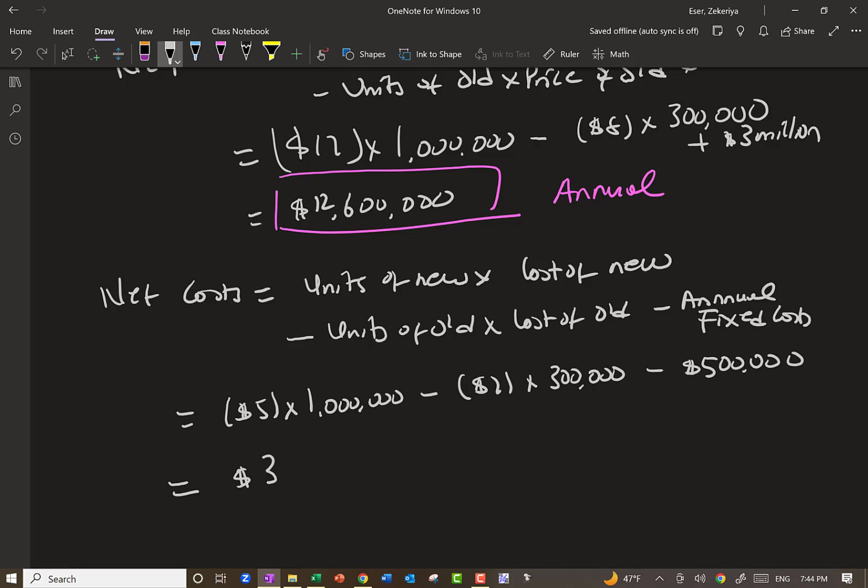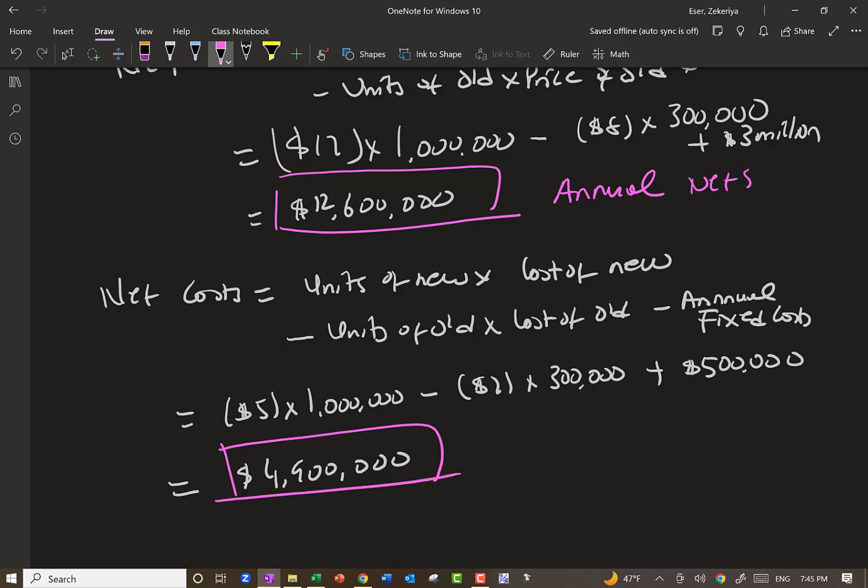So that's, I'm sorry, that should be a plus. What am I doing? 5 million minus effectively 1, so that's 4,900. I mean, let me know if I'm making the calculation wrong, but I should not make that mistake in just addition. This is annual net sales, annual net costs. So if we calculate depreciation for all of the years, we're home, right?